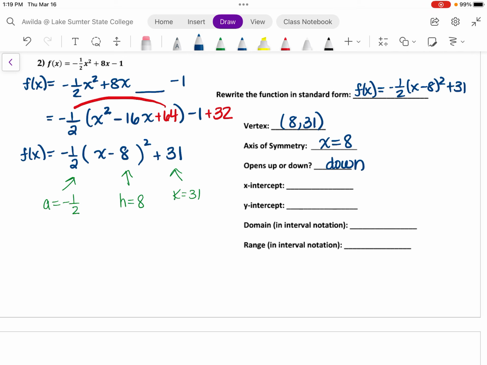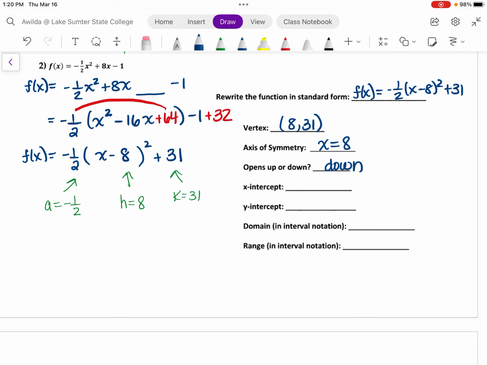And now let's solve for the x and the y intercepts algebraically. First, I'm going to set y equal to 0 and solve for x. So we have 0 equals negative 1/2 (x minus 8) quantity squared plus 31. I'm going to add the first term to both sides. And I'm going to multiply both sides by 2.